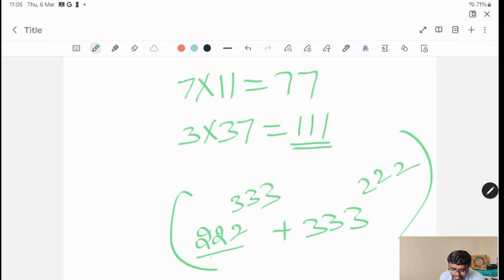But with observation, 222 and 333 are both multiples of 111. That's the logic. That means whichever number divides 111 is your answer, and in the options, 3 and 37 are given. That's the answer. That's the reason I emphasize that aspirants need to remember at least these important numbers.